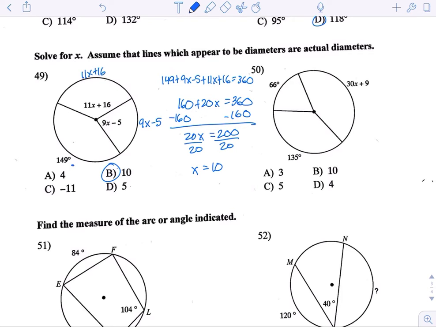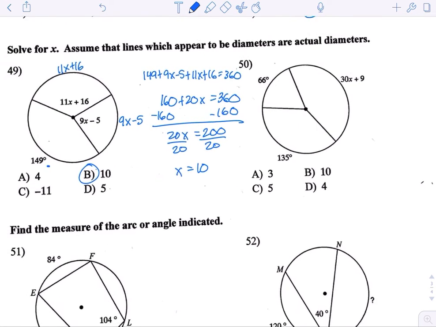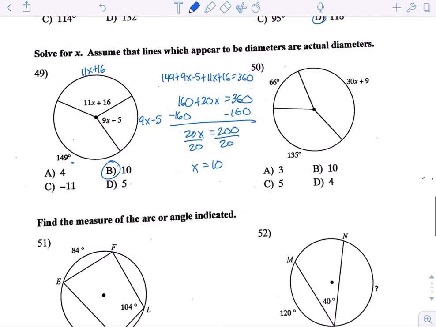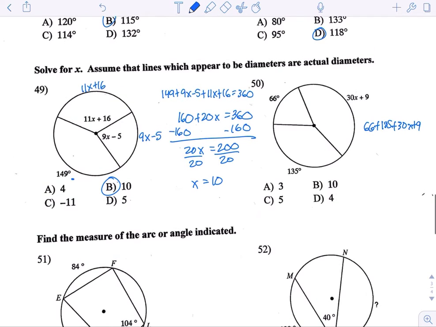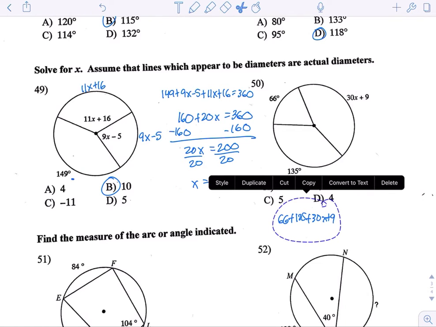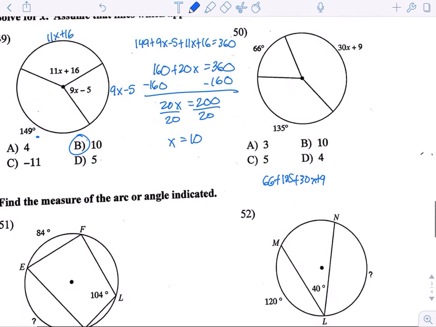Okay. For question 50, you guys. Oh, so we just gotta find the value of x. So remember, a circle is 360 degrees, so 66 plus 135 plus 30x plus 9, all of this is equal to 360.